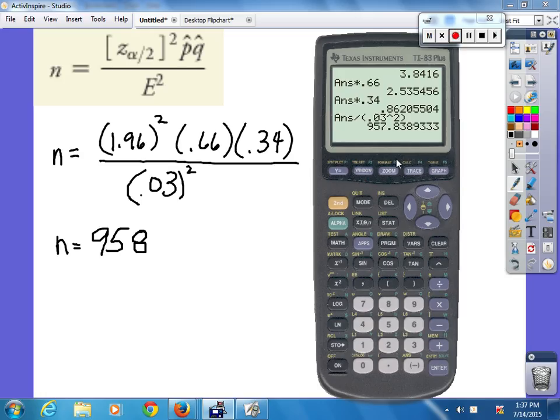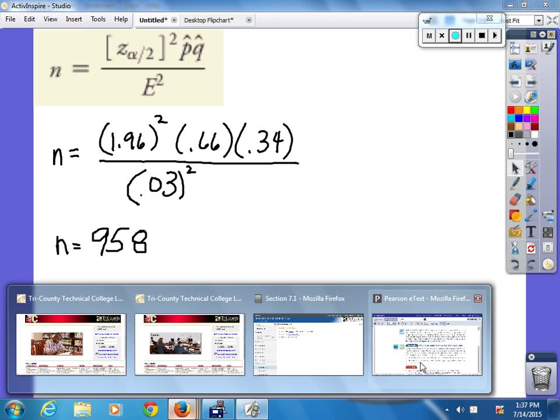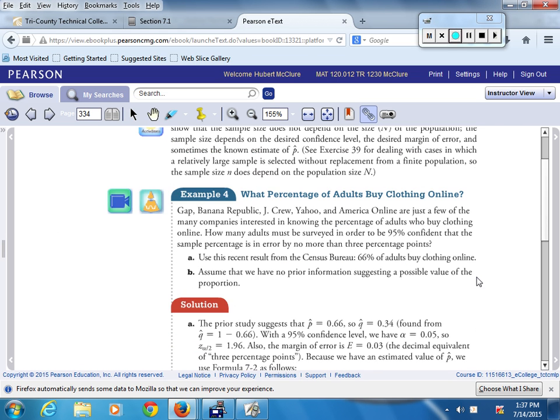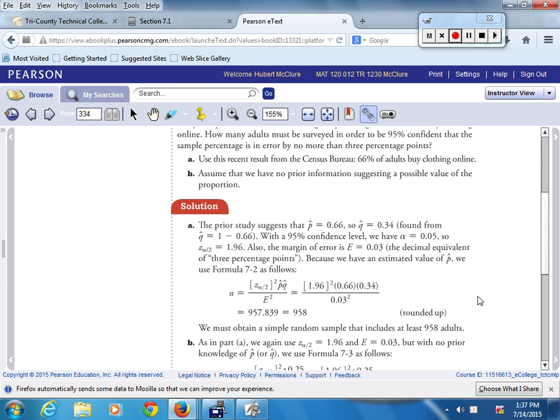If you get a decimal, you round up. If the directions say round up to the nearest thousand, then it'd be 1,000. But in this case, 958.